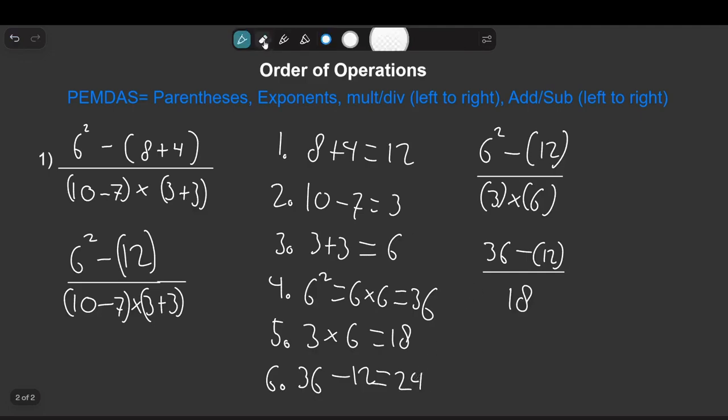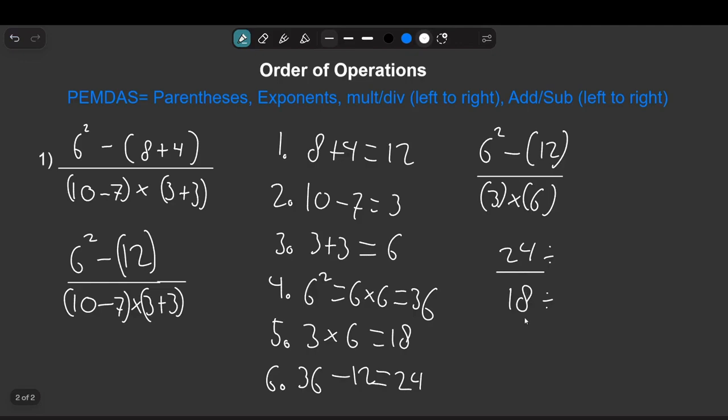Now we are going to erase this because we don't have enough space to write it again and it's not always necessary. And we are left with 24 eighteenths. Now, of course, we have a fraction which sometimes can be simplified. We always look to simplify the fraction till we have the simplest way of writing it.